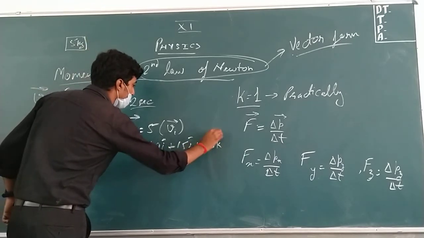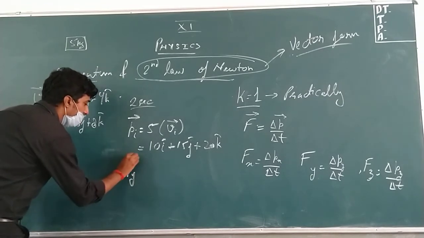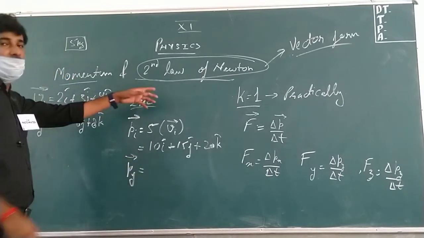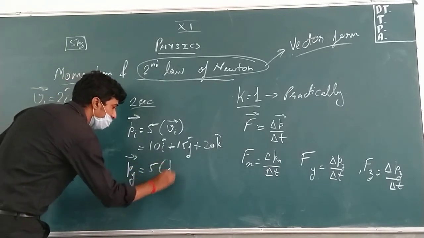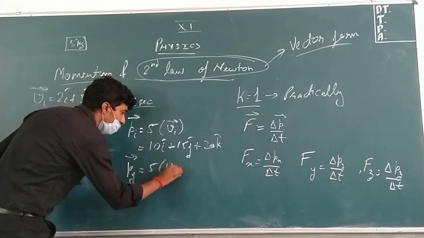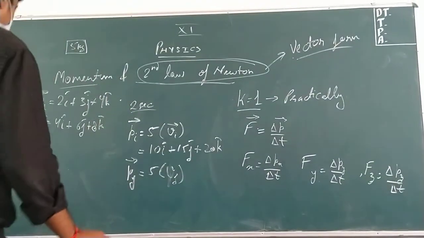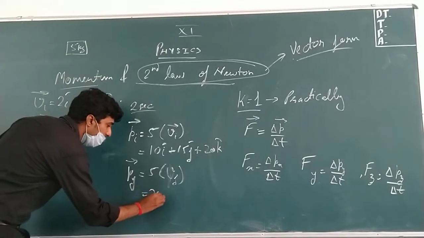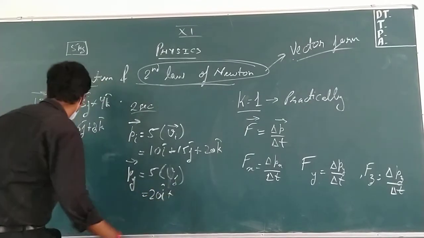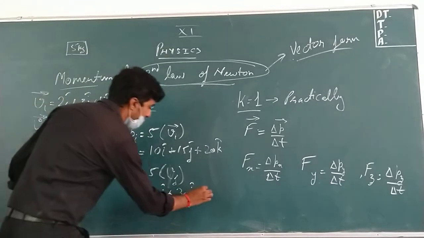Yes or no? At the same time, P final is 5 into V final, which gives 5 into 4, 20i cap plus 30j cap plus 40k cap. Any doubt, anyone?